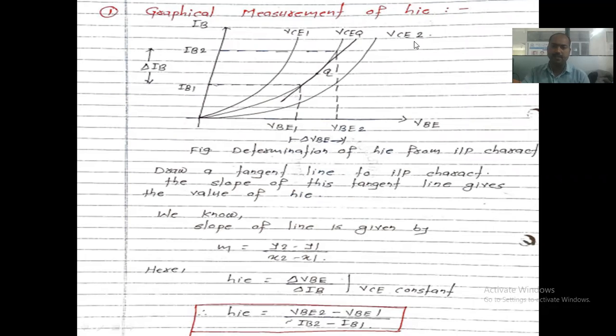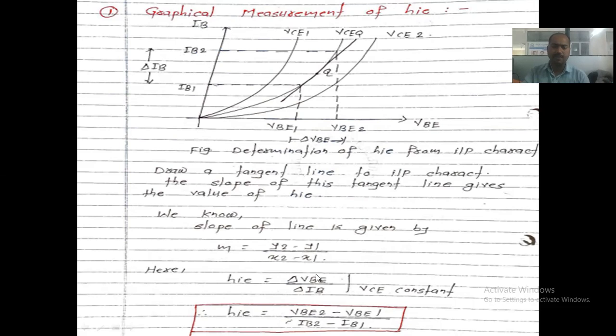For finding hi, the input impedance, we need the relationship with respect to the y and x axes, right? Your x axis indicates the voltage and your y axis indicates the current. So the ratio for calculation of hi is the ratio of the voltage to the current with respect to y as well as x.